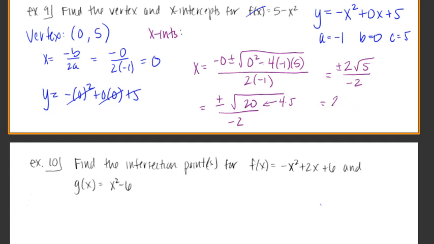Alright, so if I have 2 square roots of 5 over negative 2, or negative 2 square roots of 5 over negative 2, if I go through and actually reduce this out, that goes into that, leaving me the negative square root of 5, comma 0. And then negative into negative would be positive, so then it would be the positive square root of 5, comma 0. And there's my 2 x-intercepts. Alright, we're almost finished here with this lesson. Let's just keep on going to example number 10.